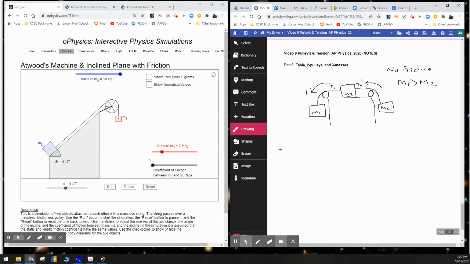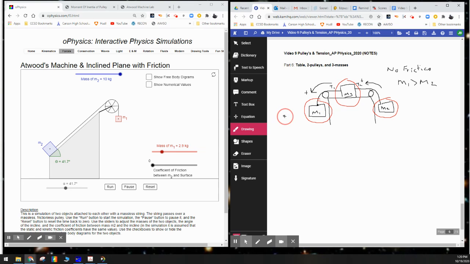So let's take a look at our systems here. And let's go ahead and use red here to kind of get the color. So this will be system 1. Here's system 2. And we'll call this here system 3. Okay. All right. So let's look at system 1 here. We're going to assume all the forces are acting right here.